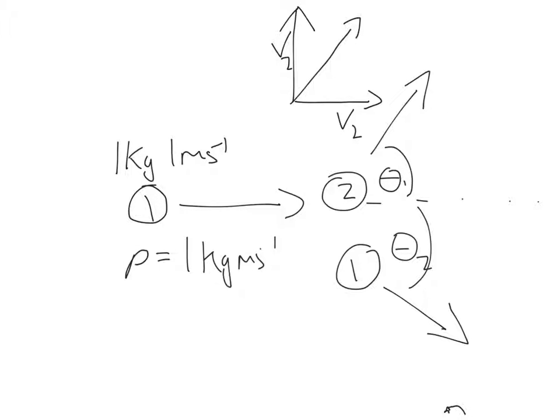Same thing you can do with ball number 1. You can suggest that it has a resultant in that direction, which is made up of a vertical and a horizontal component. We'll call that V1. That's vertical, that's horizontal. That's vertical, that's horizontal. So what we've got here is a situation where we can have a look at these vectors and see what we can say about them.